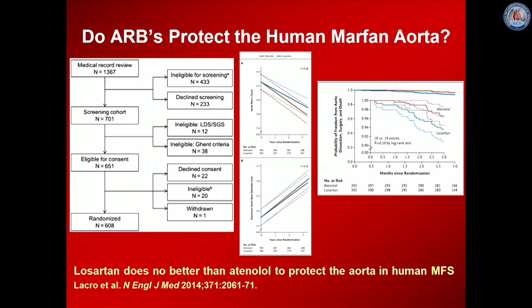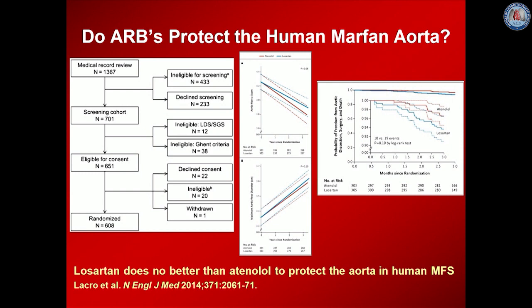608 patients were randomized. When the data were analyzed, it was seen that atenolol and losartan had no statistically significant difference in beneficial effect. Unfortunately, no placebo group was involved because patients could not be recruited who would be willing to take only a placebo for 3 years.